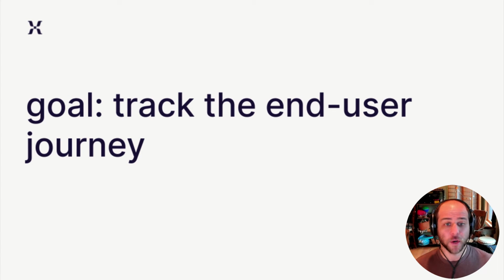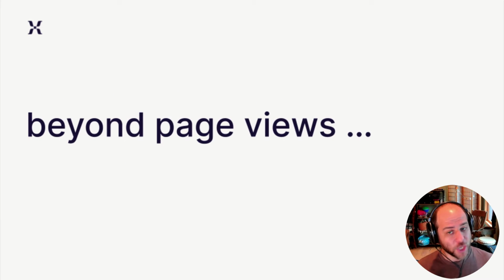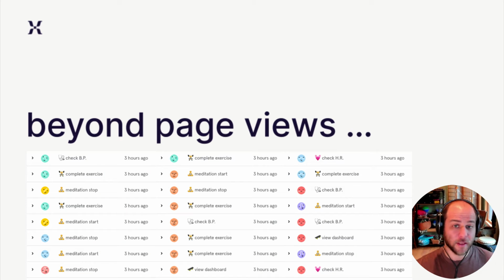Whichever path you choose, remember that the goal of data collection is actually simple. In order to make our apps better, we need to keep track of the actions our end users take. Generally, this goes beyond tracking page views. We want to track the specific actions that make our app or our product unique. Maybe that means tracking when a patient starts or ends a meditation or workout.